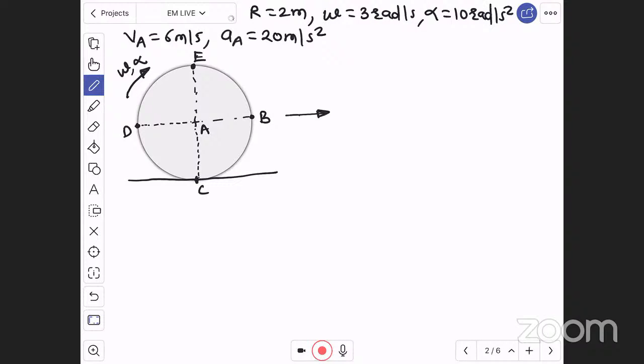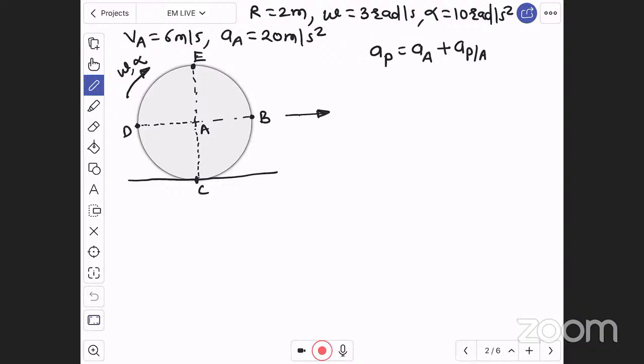That is, the acceleration of any other point P is equal to the acceleration of A plus the acceleration of that point with respect to the center point, right?